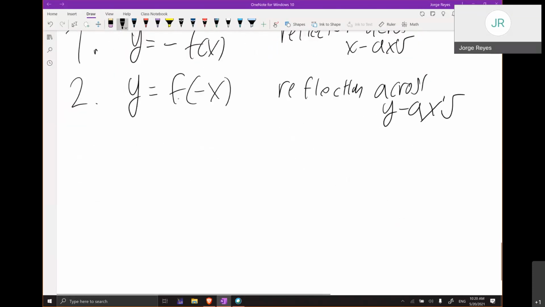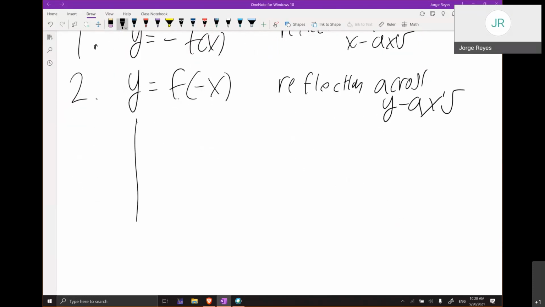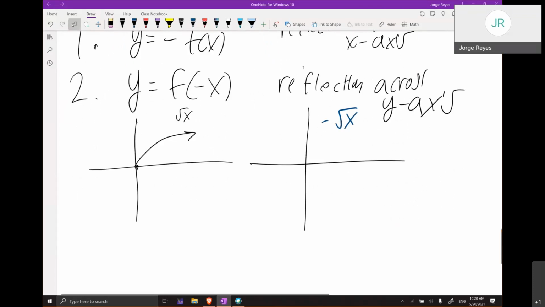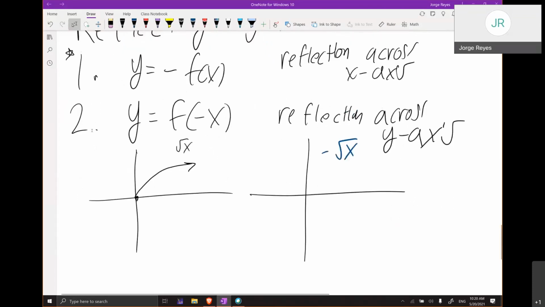Okay, so here I'm going to show you. I'm going to use the square root function as my example. So there's square root of x. If I put a minus sign in front, I just said that's a reflection across the x-axis. So you could think of the axis as like a skewer and the math function as like rotisserie chicken, and you can kind of just spin it across the x-axis.